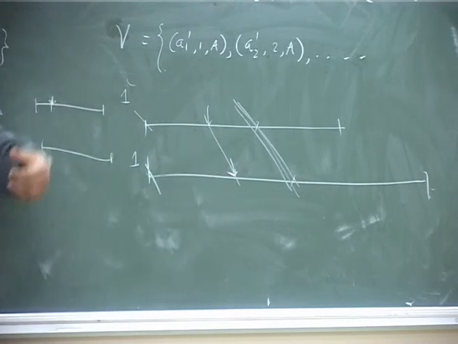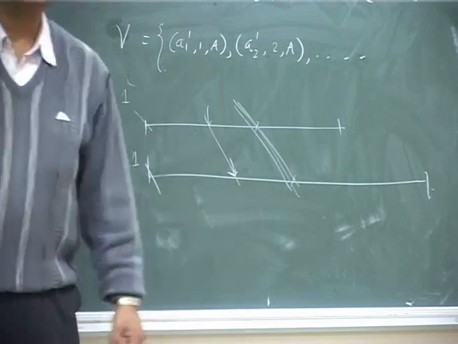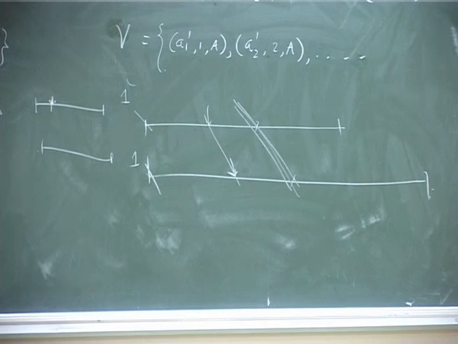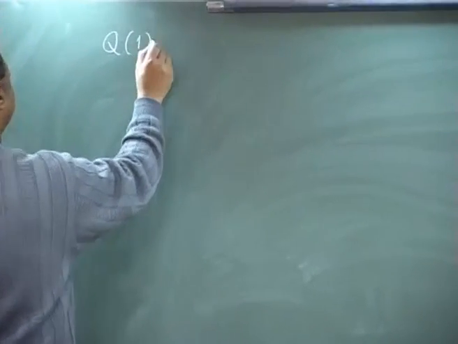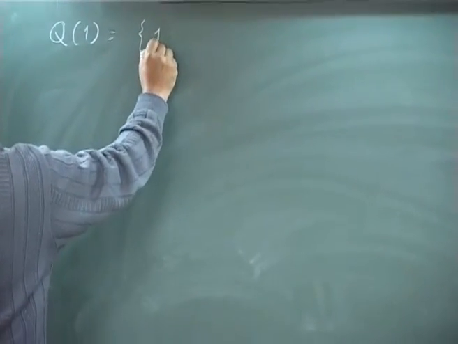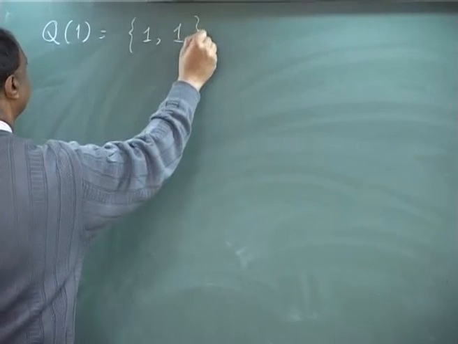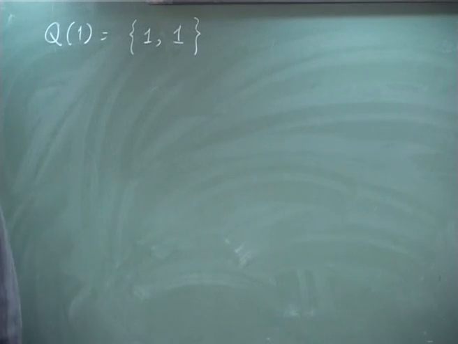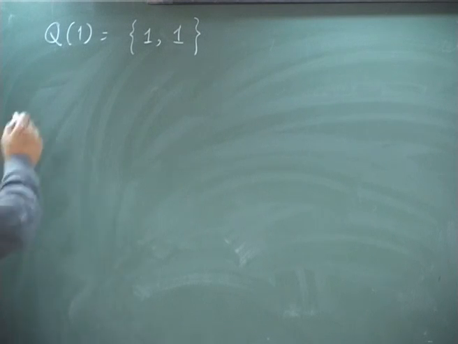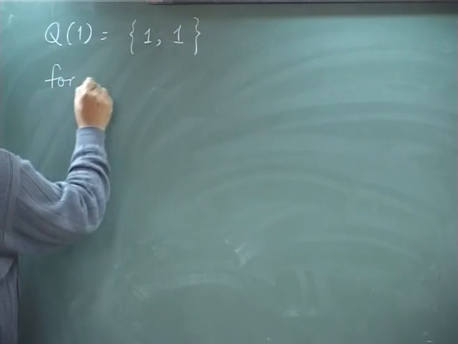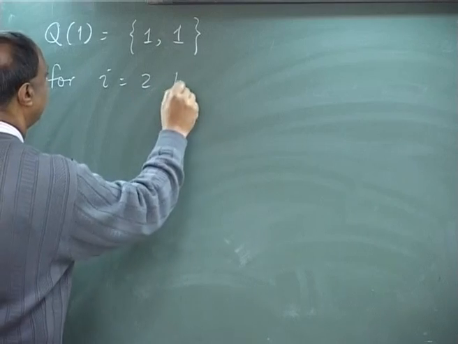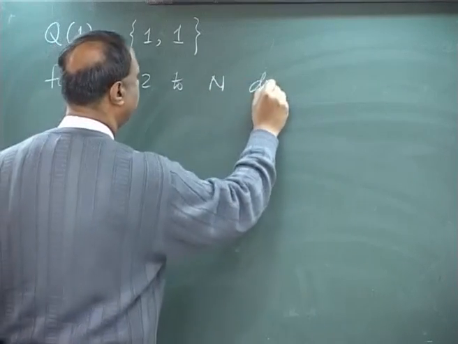And now you have to determine the remaining n minus 1 points, so that each processor can be employed to do the merging. So you know the starting element, say Q1 is your starting element position, a 2-tuple. Now you have to find out the remaining n minus 1 points. So for i equals 2 to n, do in parallel.